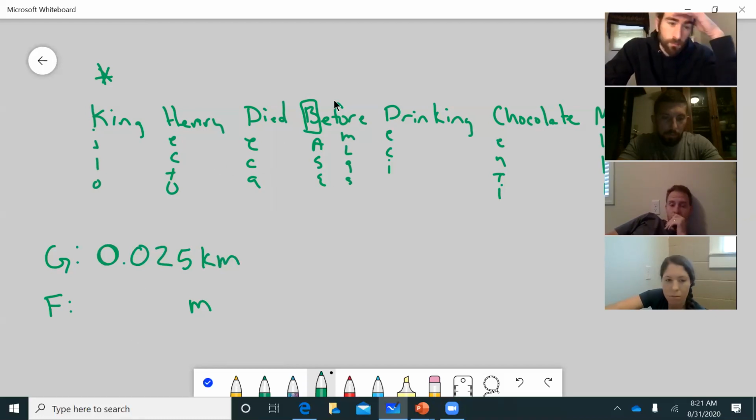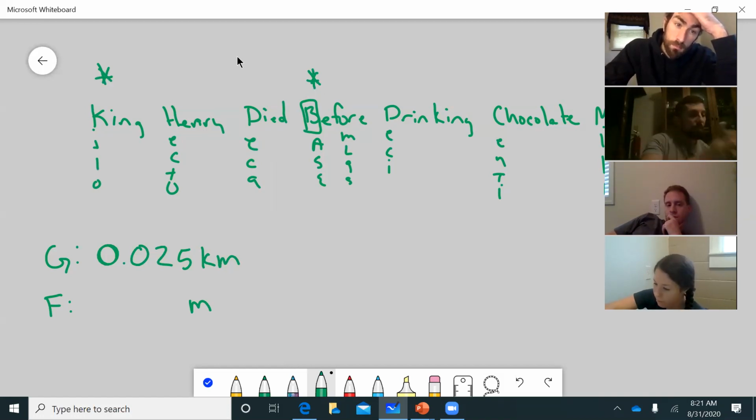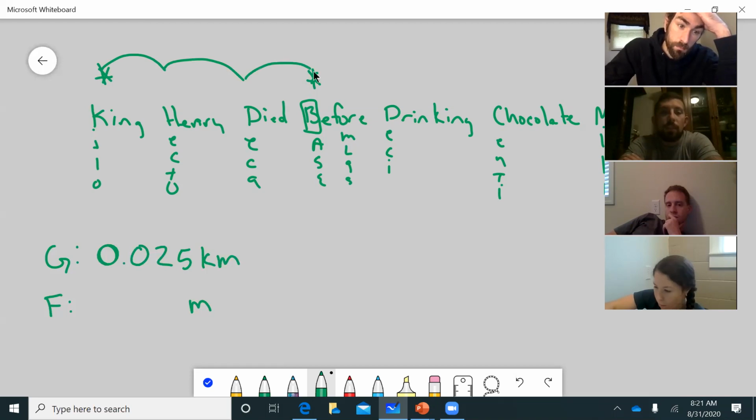So meter is a base unit, so I want to get to here. In order to do that, I need to hop my decimal to the right 3 hops. 1, I have to get through Henry. 2, I have to get through died. 3, I have to get through the base. That's why I include the base in this, because it allows me that hop. So I need to take 3 hops to the right.